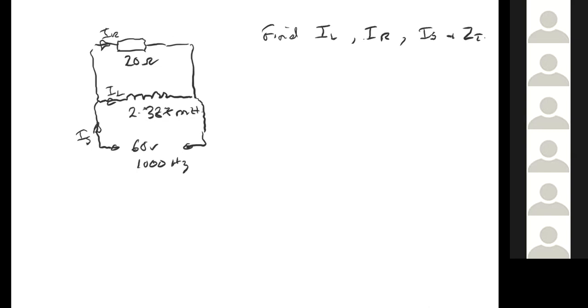Get IR, do V over R. So IR is V over R, 60 over 20, which is 3 amps. For completeness, the angle of that is 0.